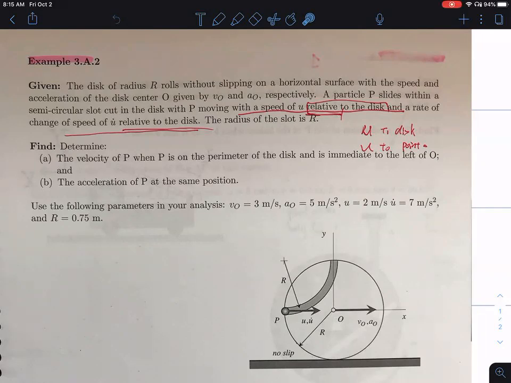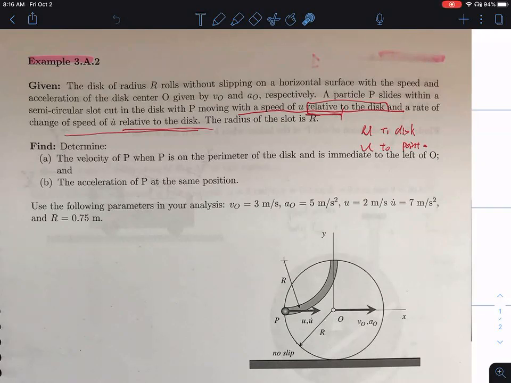Then we also know the radius of the slot, it's R. We want to determine the velocity of P when P is on the perimeter of the disk, immediately to the left of point O. We also want to find the acceleration of P at the same position.